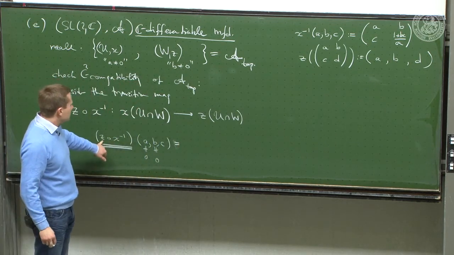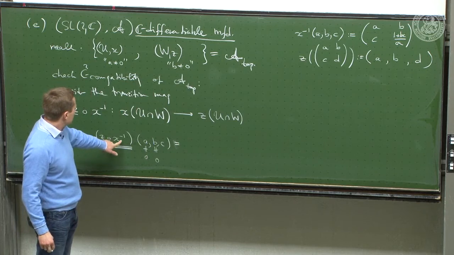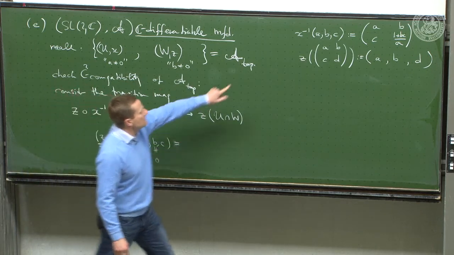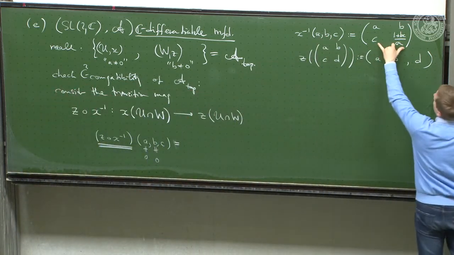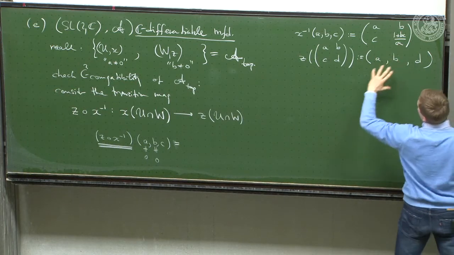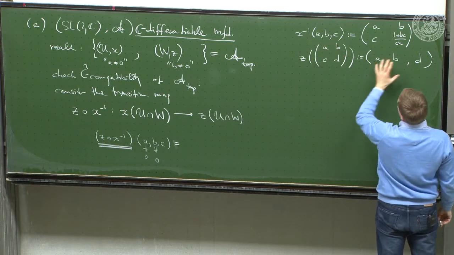So we take the Z, after we made this out of the ABC, and plug it in and follow this rule.